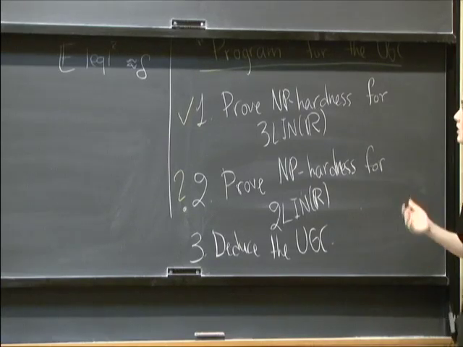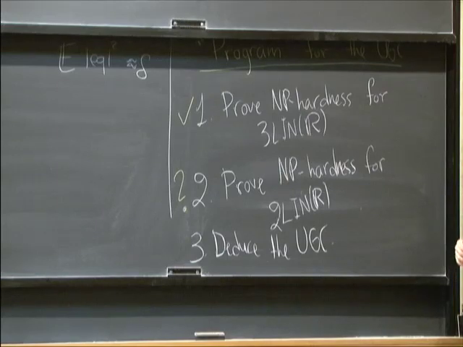Could you give some intuition why going from 3-lin to 2-lin is nicer in the case of reals as opposed to finite fields? Yes. There is this intuition that over finite fields, the 3-lin problem and the 2-lin problem are completely different in their behavior.